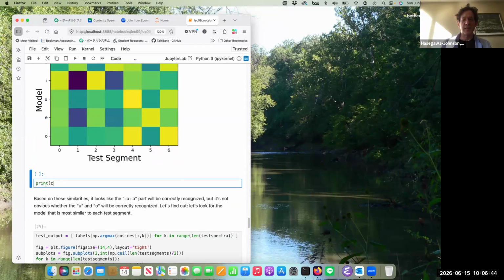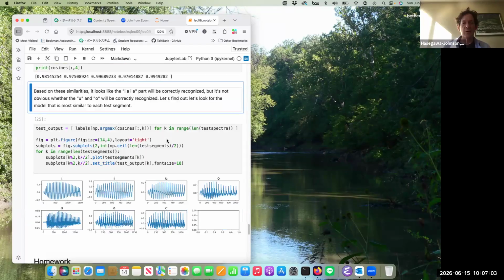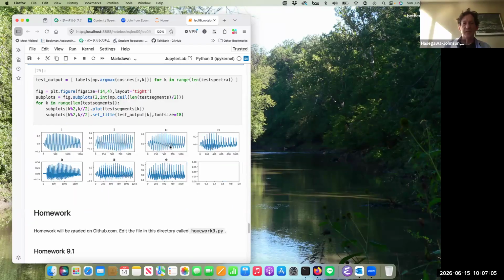Let's print cosines :4, and that should tell us what were the actual cosine distances. So A, E, U, A, O, we see that U was a little bit larger. U was 0.997 and O was 0.995. And so it did correctly recognize the fifth segment as being a U.